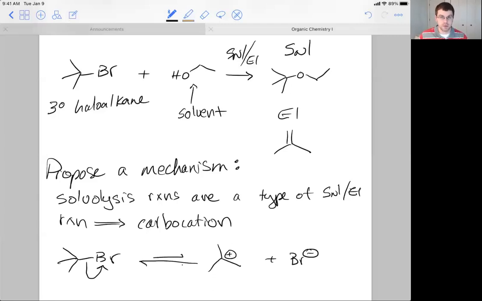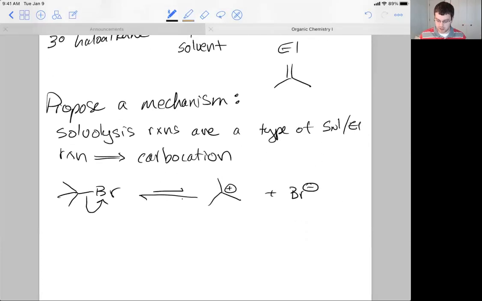Now, the equilibrium process is unfavorable to form the high energy carbocation intermediate, and that's reflected in the relative energy that we saw in the energy diagram that we talked about in the last lecture. The carbocation intermediate is higher in energy, but we will have some equilibrium concentration, though it might be small, of our carbocation intermediate, and that will be enough to engage in the SN1 and E1 reactions shown below.